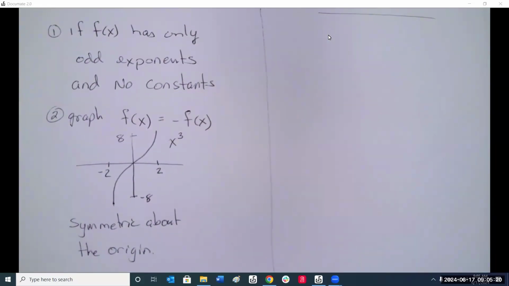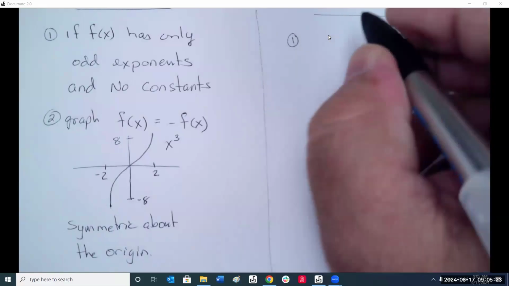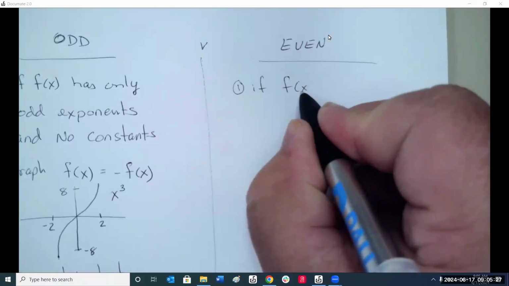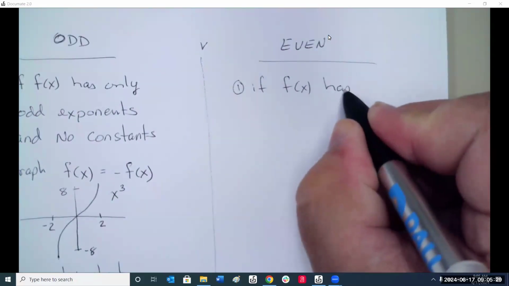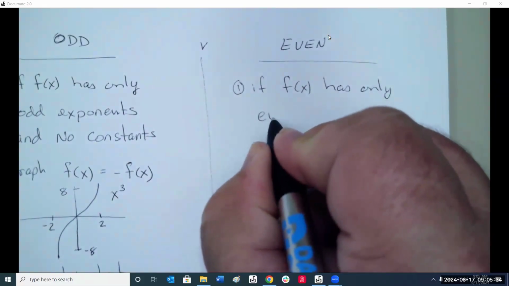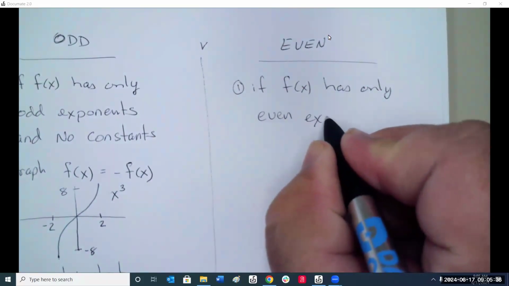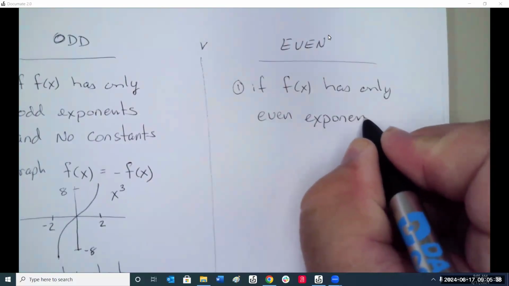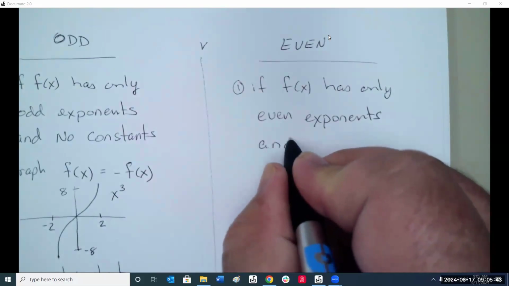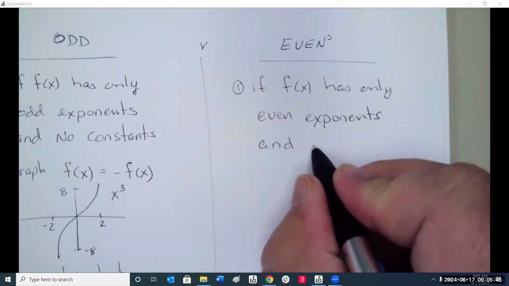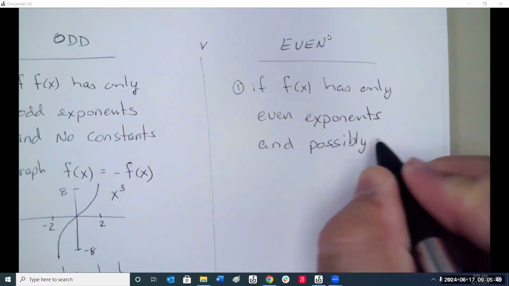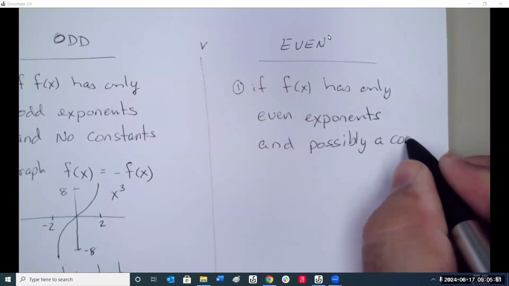An even function, if the function has only even exponents and possibly a constant.